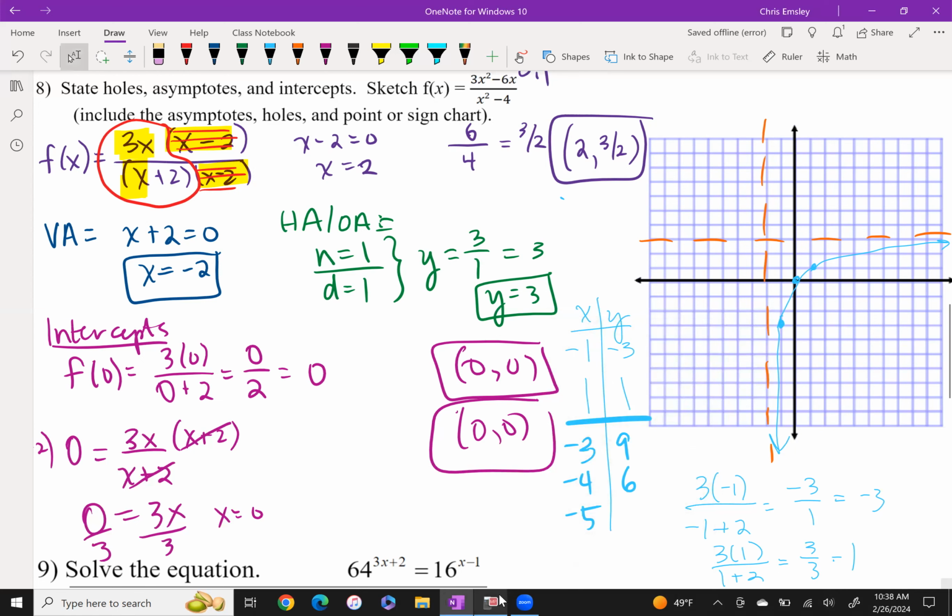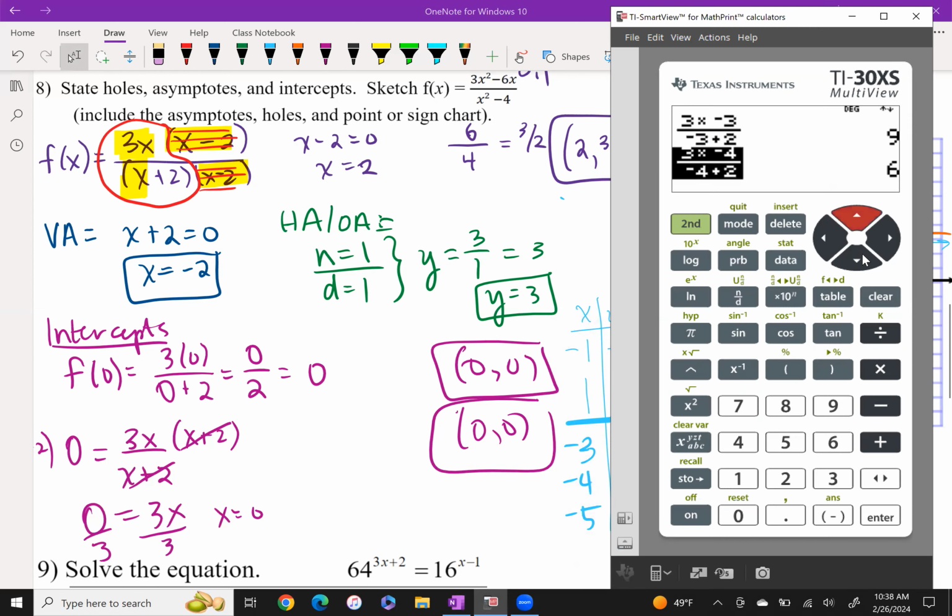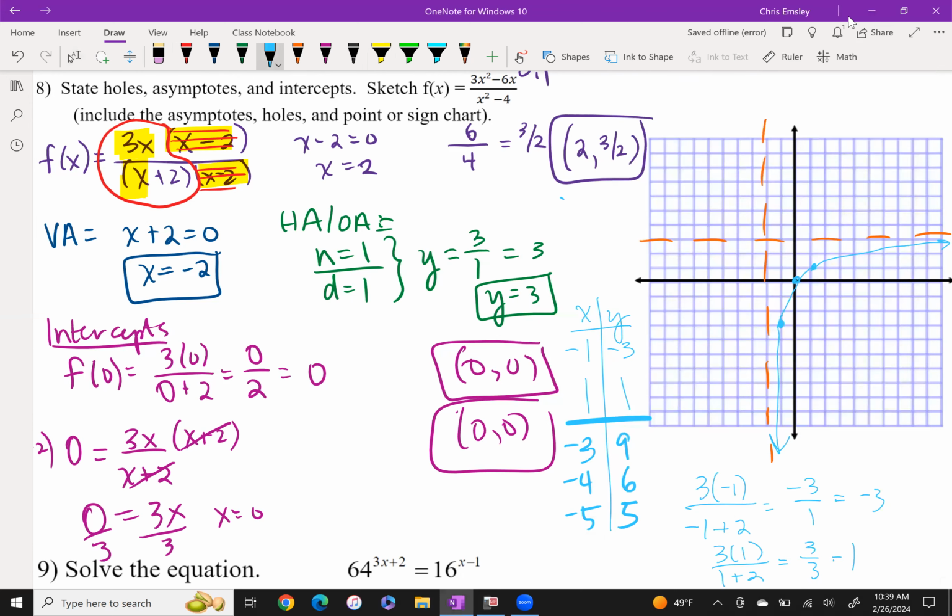And then do the same thing with -5. And hit enter. There we go. Let's plot those points. (-3, 9). (-4, 6). And (-5, 5). Connect those points with a smooth curve and then use your asymptotes as your guides. And there's our graph for number 8.